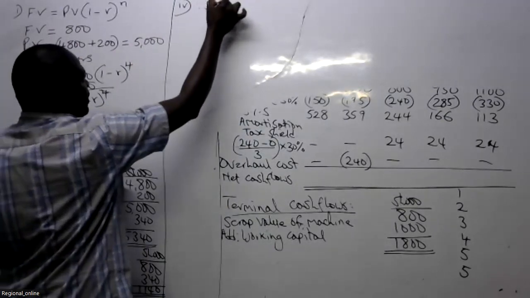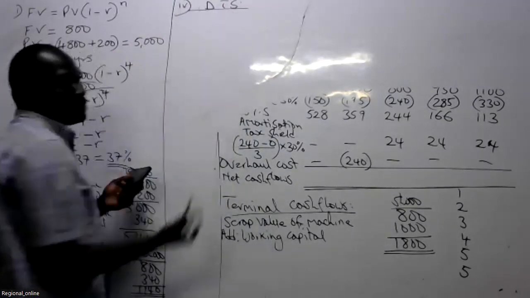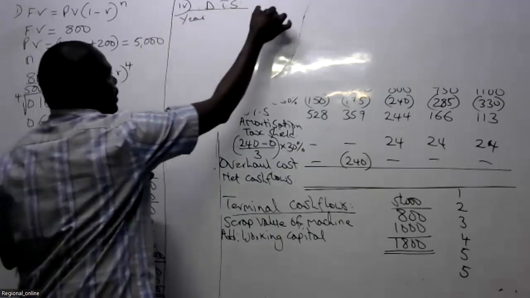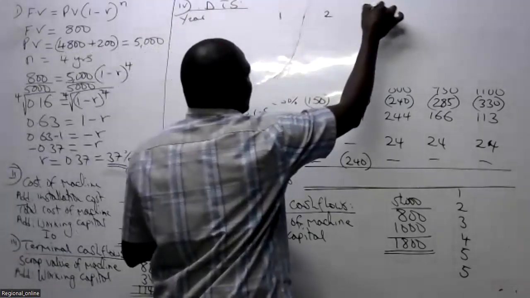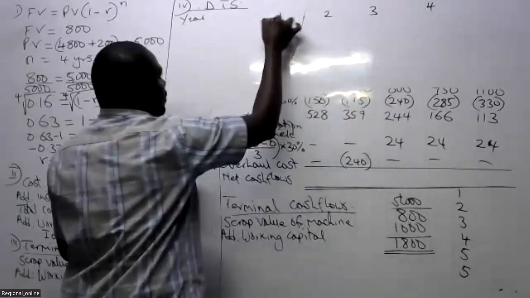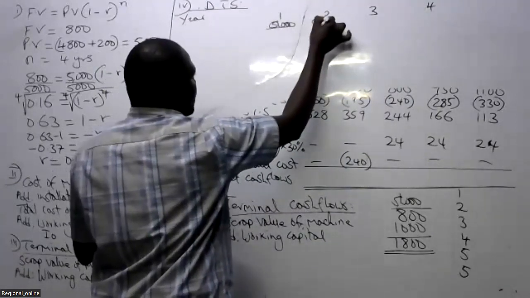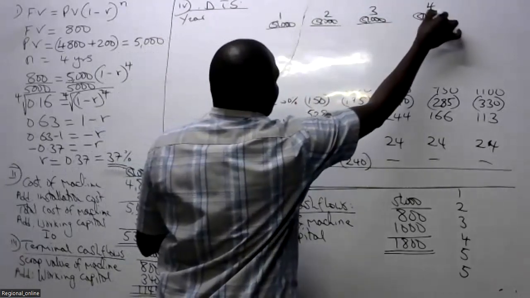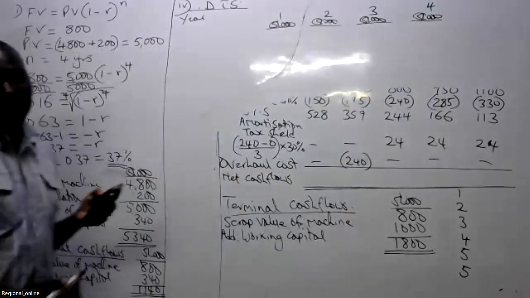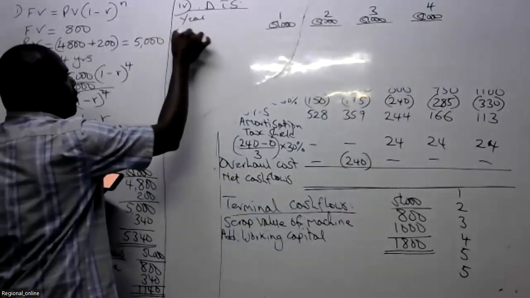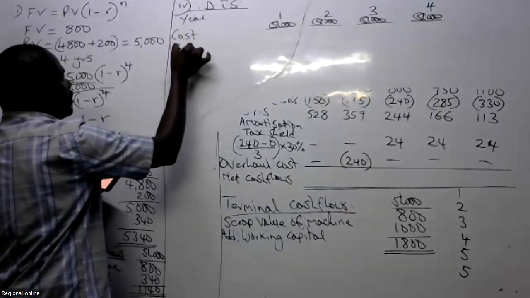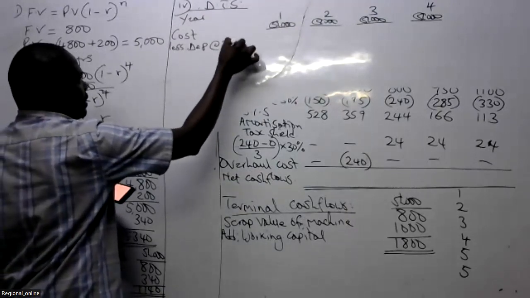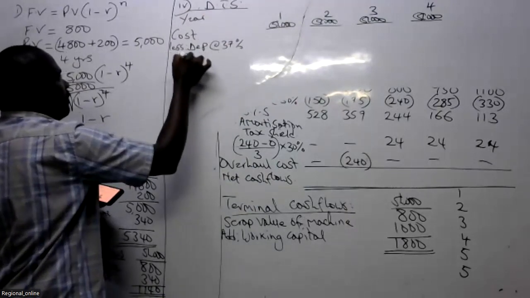So let's start by getting the DTS. We have 4 years: year 1, year 2, year 3, and year 4. The figures are in thousands of shillings. The cost will be reduced by the depreciation at the rate of 37%. Then we have the NBV.